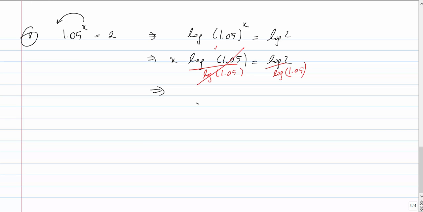So x is equal to log 2 over log 1.05, which will be approximately 14.2. Next question, 0.4 to the x is 0.6.